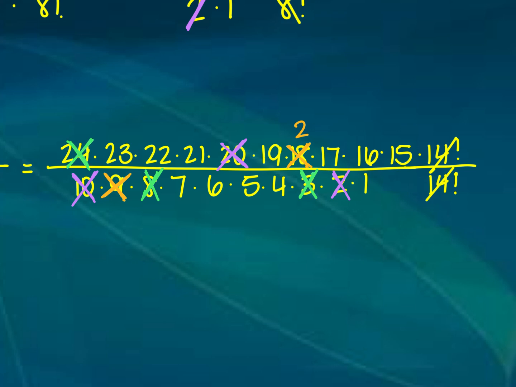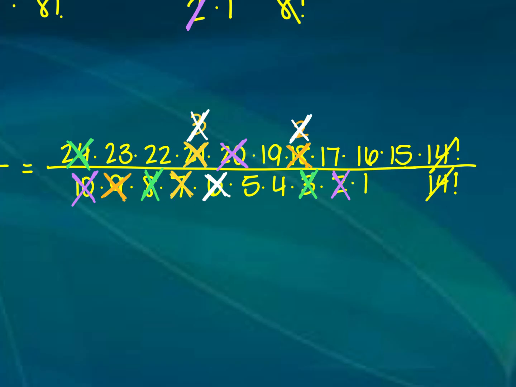Okay, what else? 7 could go into 21 how many times? Okay, so I could go ahead and simplify that one. 7 goes into 21 3 times. What's 3 times 2? So I could cancel out my 6 and my 3 and my 2.